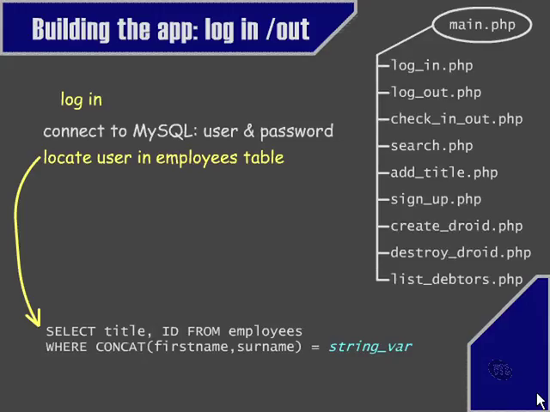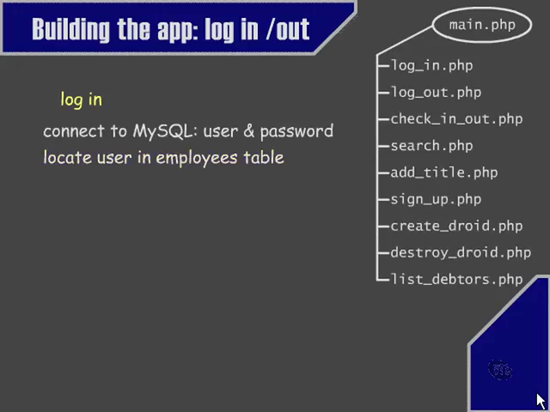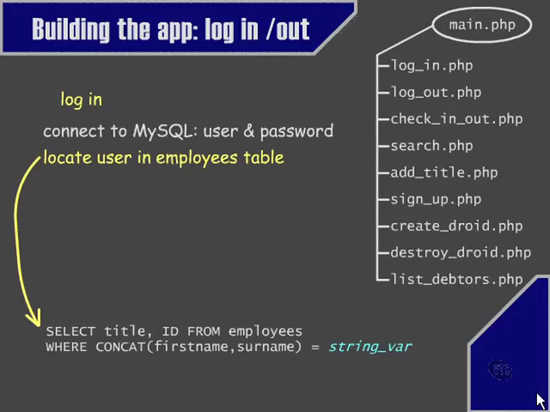Select title and ID from the employees table, where CONCAT(first name, surname) equals, and here's an application variable that I'm using to represent a variable that is going to be manipulated by the application itself.